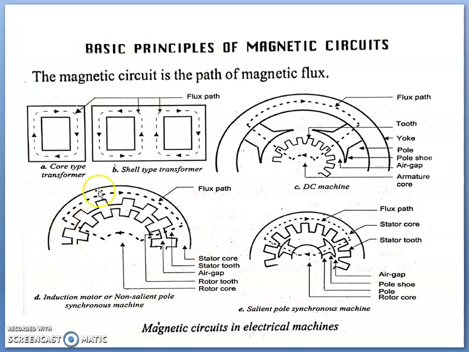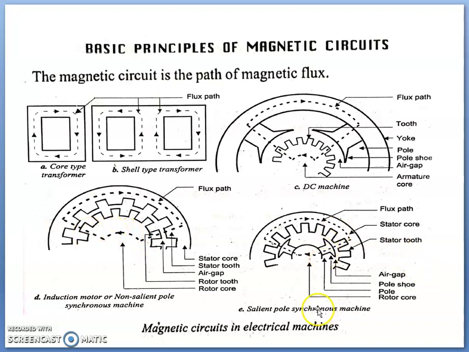So this is the magnetic circuit established in a non-salient pole synchronous machine, or an induction machine. Both induction motor and induction generator will have the same magnetic circuit.